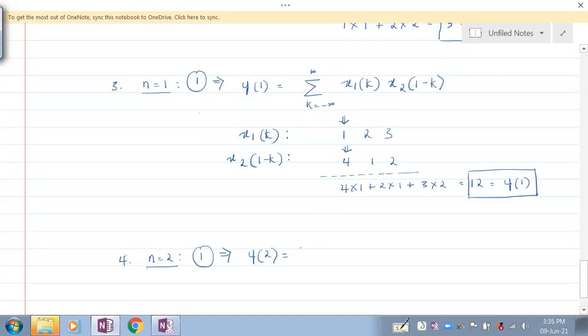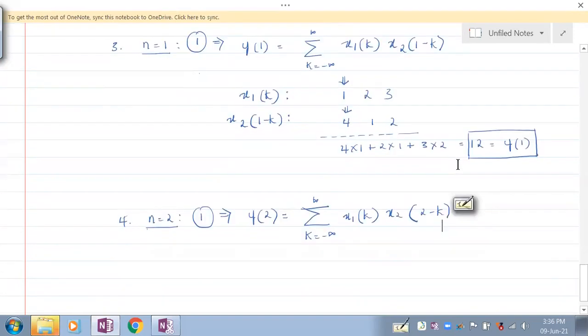Then it is summation k ranging from minus infinity to plus infinity, x1 of k into x2 of 2 minus k. So it's pushing this 1 minus k to the right again by 1 position. Because the players from the dugout should be moving continuously. So x1 of k we should write again 1, 2, 3.